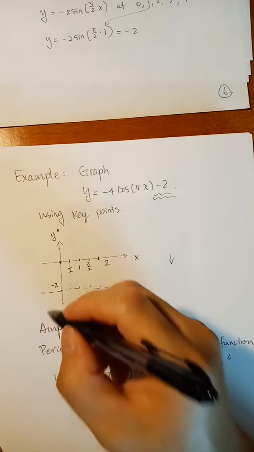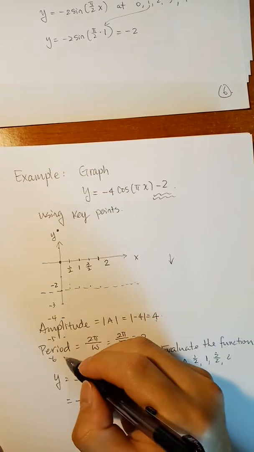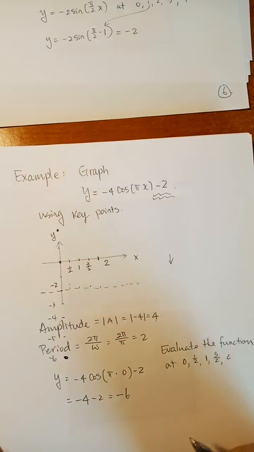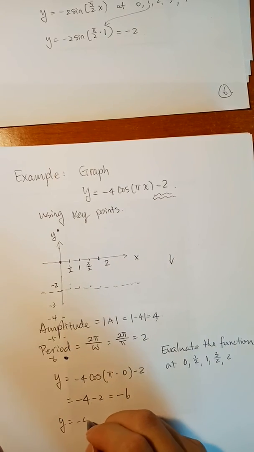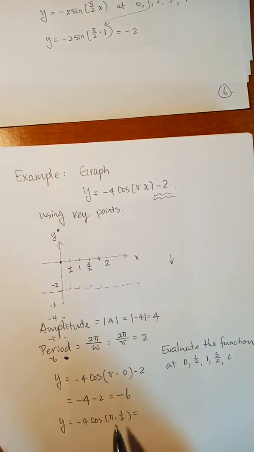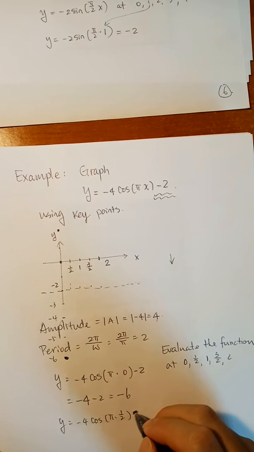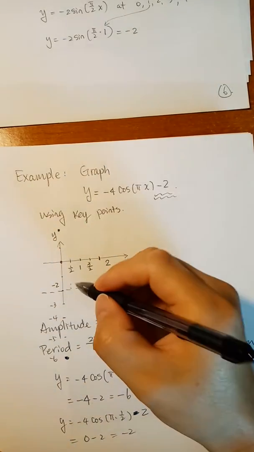Okay, so it is -6. This is 3, -4, and 5, -6. It's here. And at 1/2, y is -4 cosine pi times 1/2. Cosine pi over 2 is 0, minus 2. So it's 0 minus 2, which is negative 2. It's here.